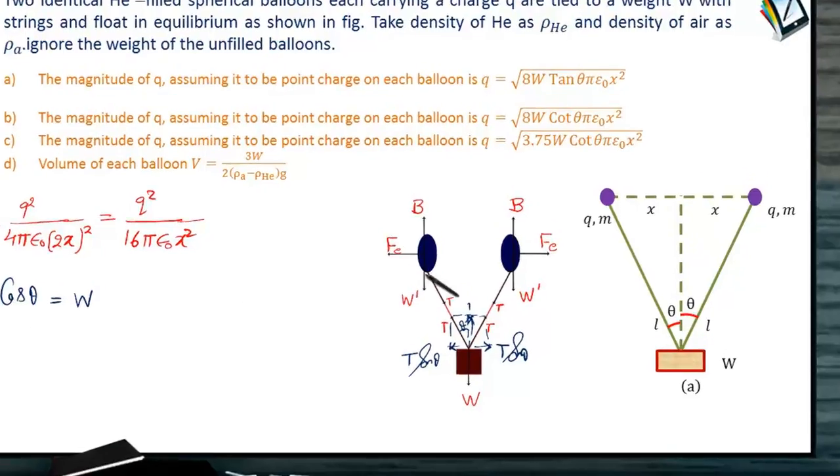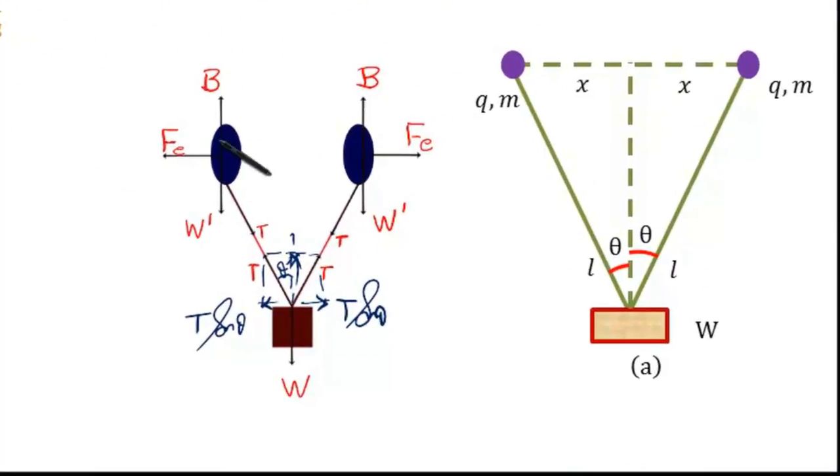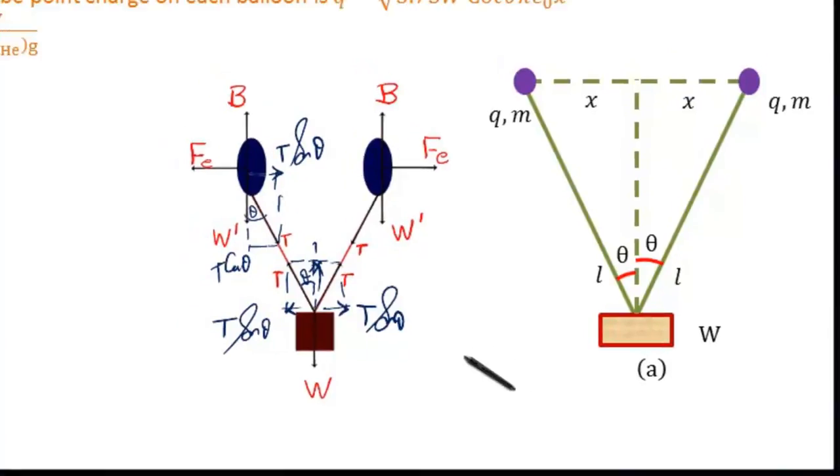Now let us analyze this balloon. Here in the case of the balloon, the forces are vertical and horizontal, but only one force, the tension, needs to be resolved. So let us resolve this tension. As this angle is theta, the vertical component is T cos theta, and the horizontal component is T sin theta.